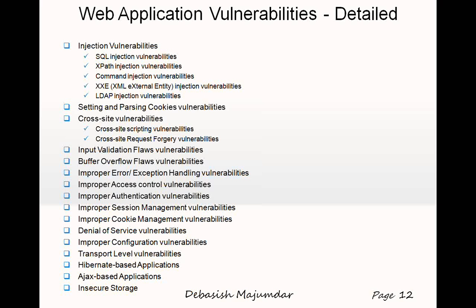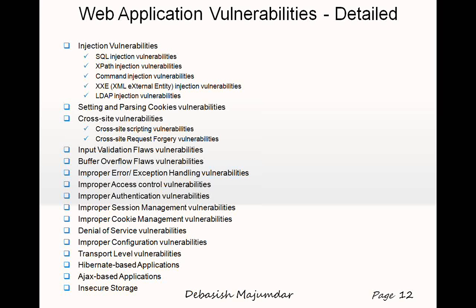Then there are other input validation flaws and buffer overflow flaws. There are access control and authentication related vulnerabilities. At the website transport level, we also have vulnerabilities, and those are typically very high risk.